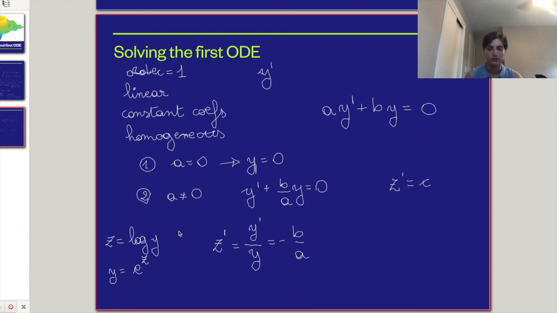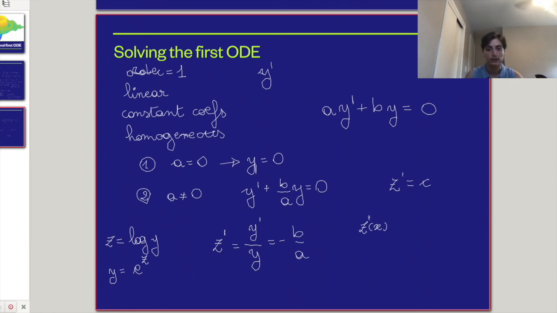How do we figure this out? Well, we can just look at taking the derivative of z equal log of y. So what we have here is that z is a function of x.